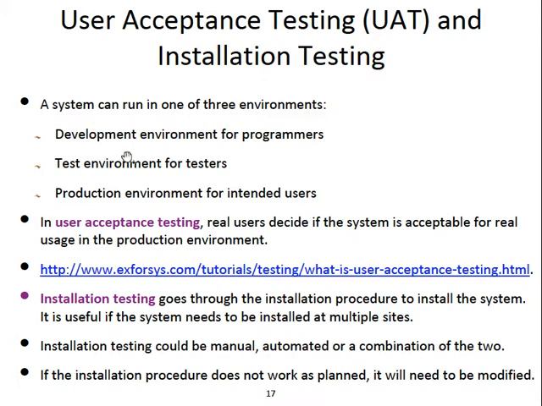And UAT is a short form for user acceptance testing. A system can run in the development environment for programmers and the test environment for testers. And then the production environment. When we say production, it means real usage for the real users.